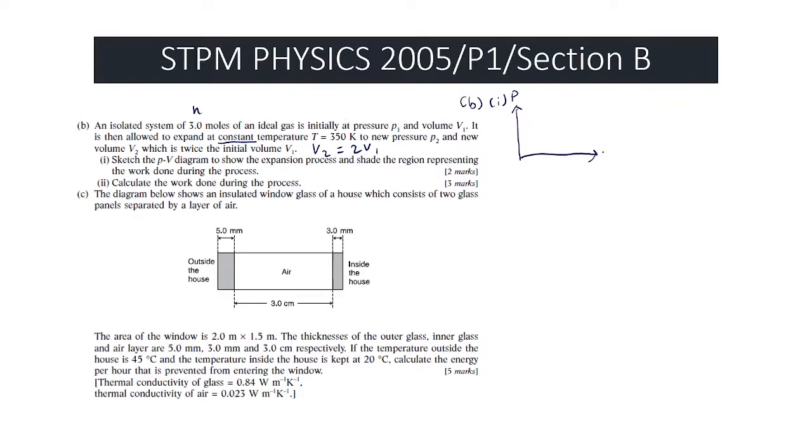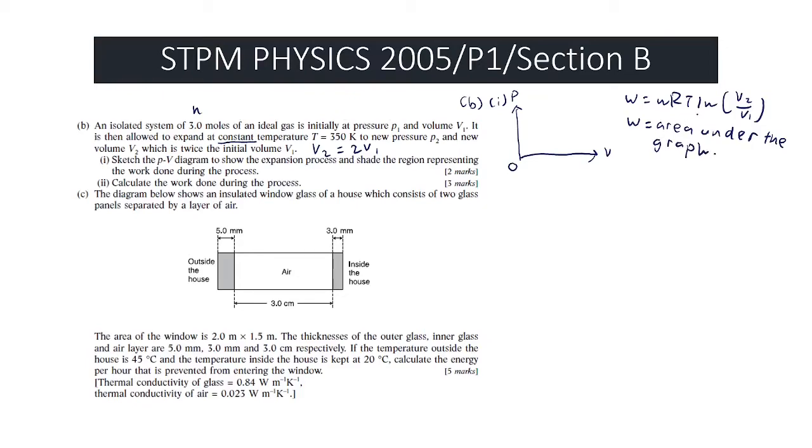this is P, V, and this is 0. And since the work done is happening at constant temperature, work is given by nRT ln(V2/V1). And this work done is also given by the area under the graph.